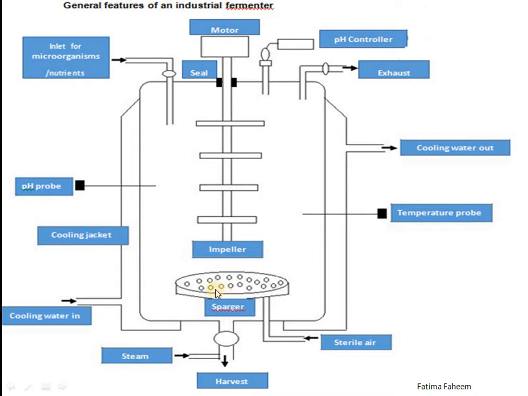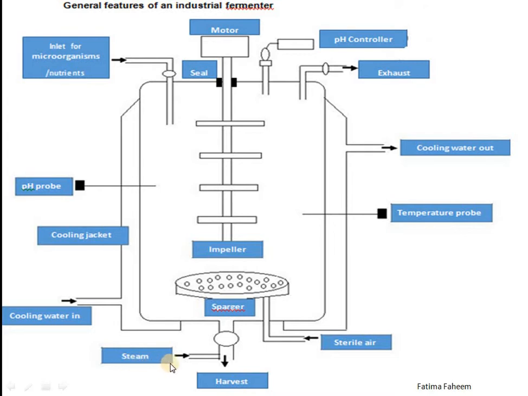Plus, it also creates bubbles in the contents of the fermenter, which increases the surface area for microorganisms to have more oxygen for respiration. From down here, you can collect your product or your harvest.